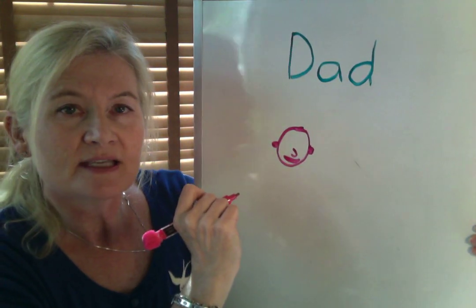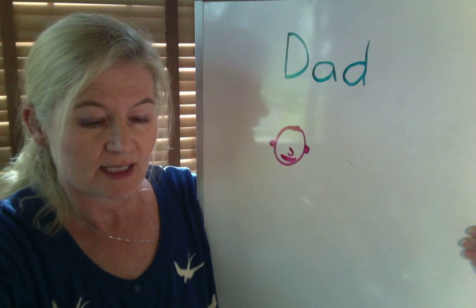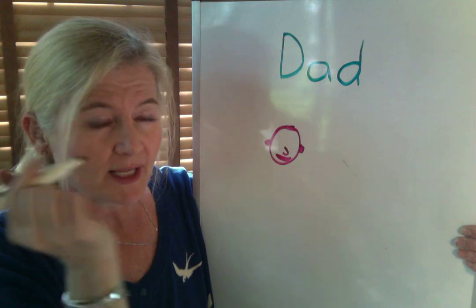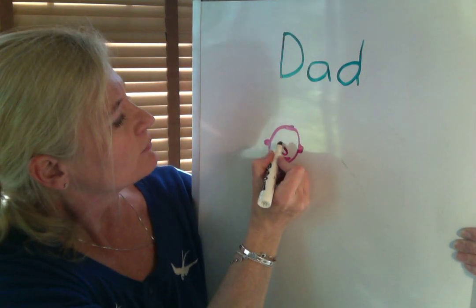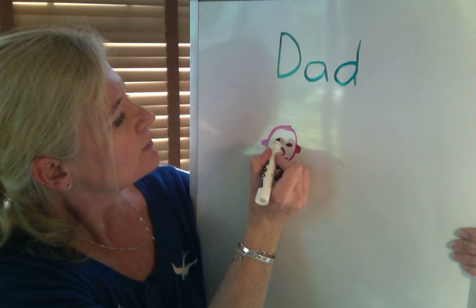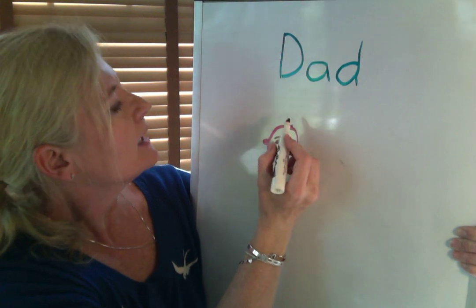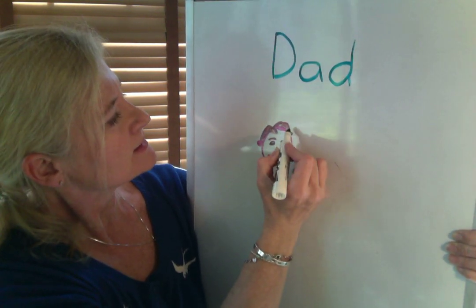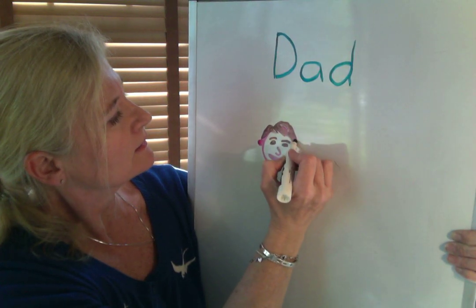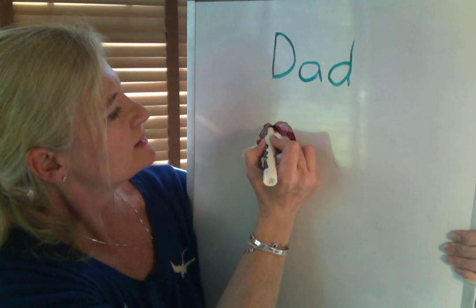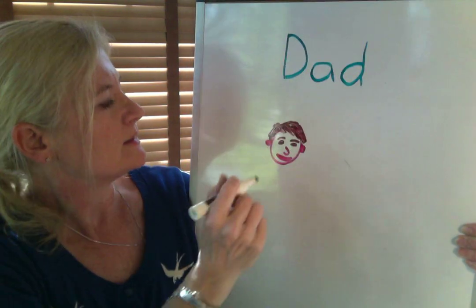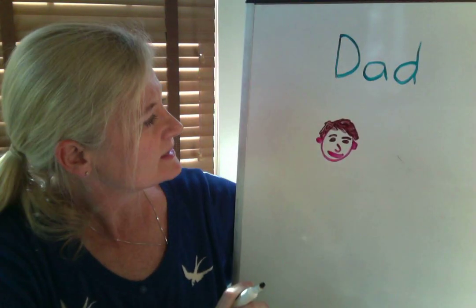Now my dad has brown eyes and brown eyebrows and he also has brown hair. So that's a lot of brown. So let's give him some brown hair. Yeah, that looks like my dad's hair. So there's my dad's head.